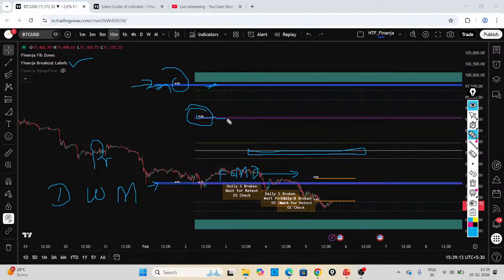Similarly, there is a weekly support zone, one more weekly support zone here, and the resistance zone here. If this resistance is broken, it will become a support, weekly support also. And these are the daily levels, daily zones, I can say.